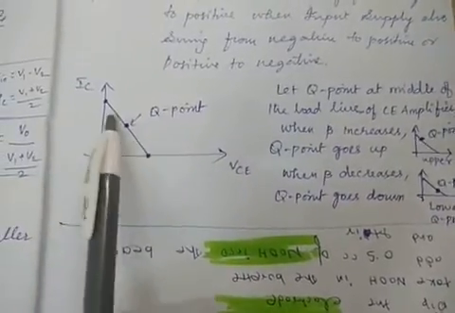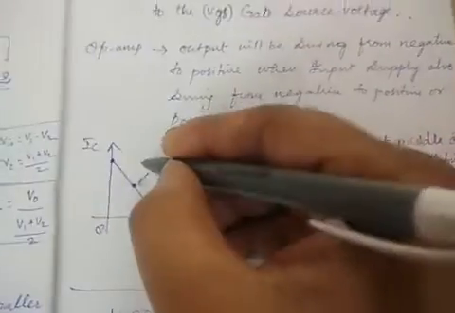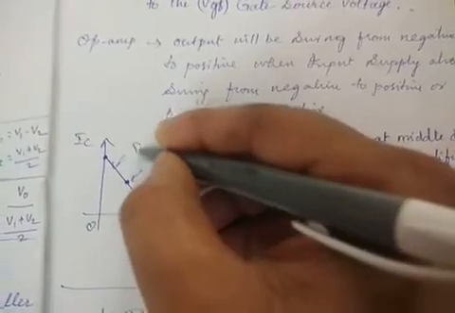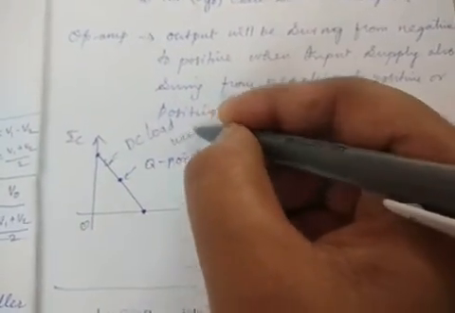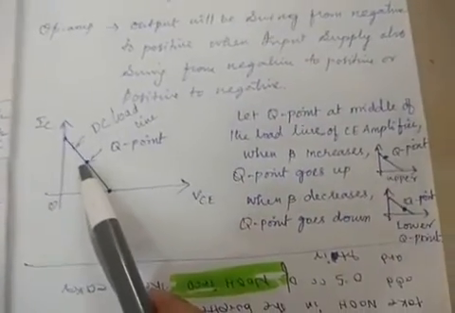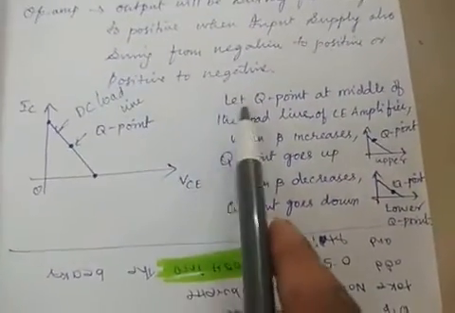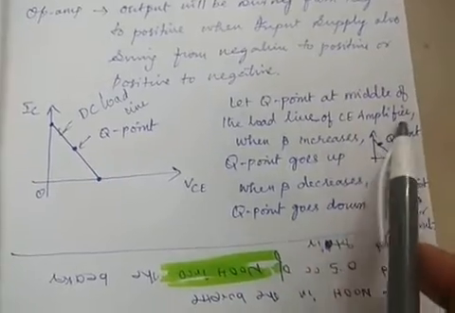Next, Q point. This is the load line, DC load line. This is the DC load line, we know already, right? And the Q point is this one. Suppose I take the Q point at the middle of the load line of a CE amplifier.